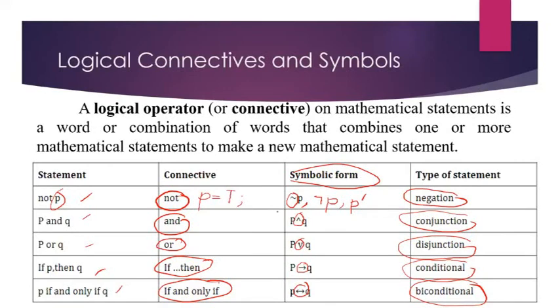Now, pag i-subject natin siya sa symbolic form na ganito, it means na kung ano yung value niya, ibaliktad mo lang, opposite lang niya. So, yung not P would be false. Kumbaga, yung negation, guys, ibabaliktad niya kung ano yung original value ng statement, which is P in this case.